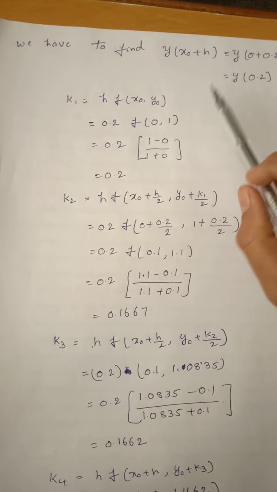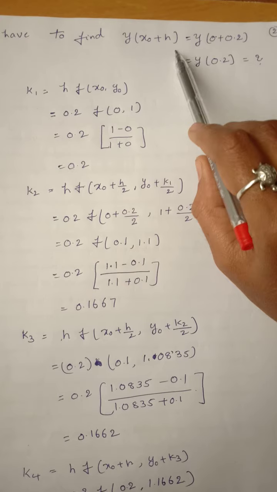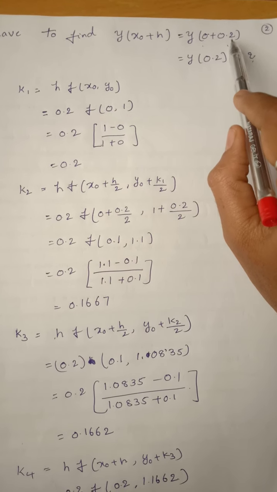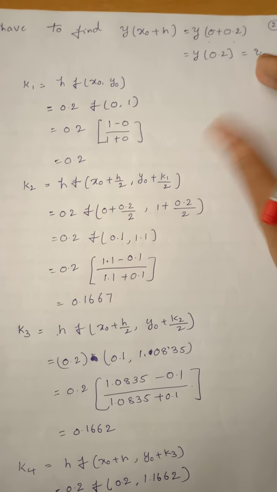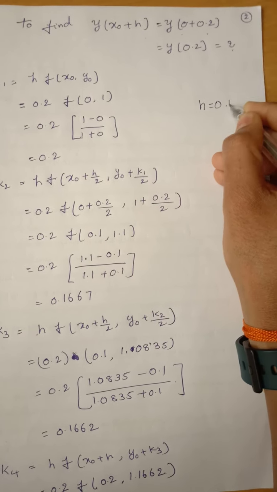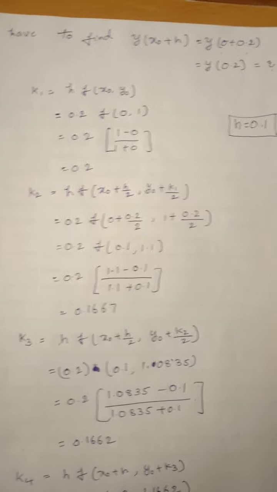So we need to find in RK method y at x naught plus h, that is x naught is 0 and the h value is 0.2. Here also we have to do two stages if they give h as 0.1. Depending on the h value we take the stages.